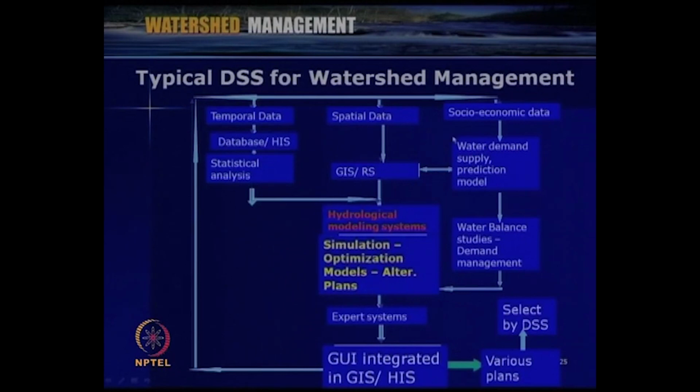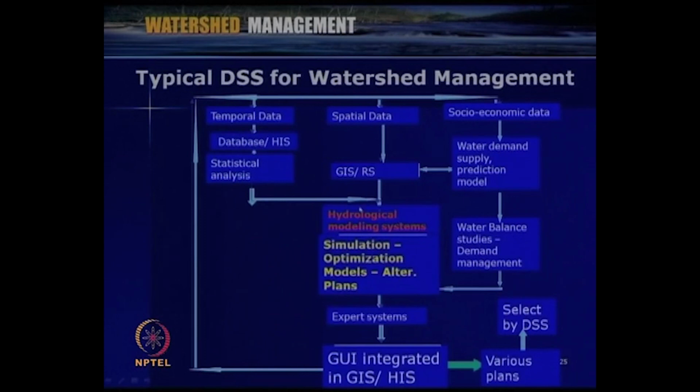If the problem is related to water, we can assess the water demand for the particular watershed and the water available, the water supply, and then we can have the prediction models. Then we can carry out water balance studies using the models, then demand management.